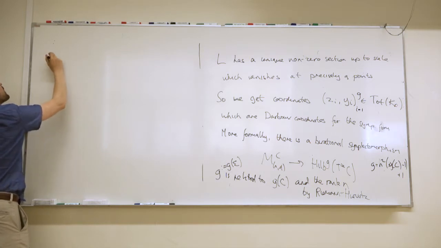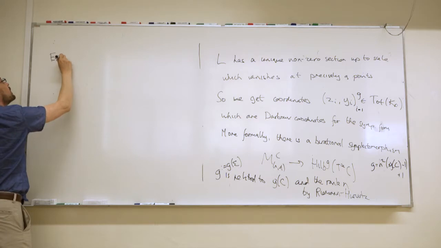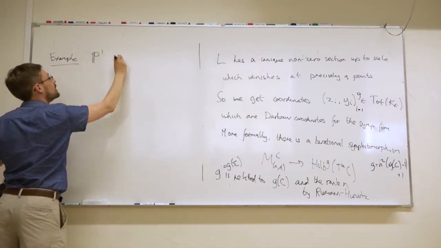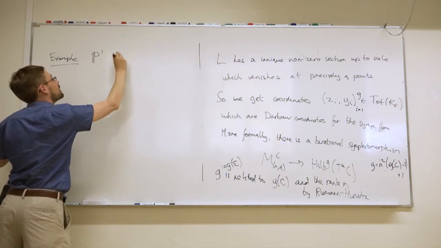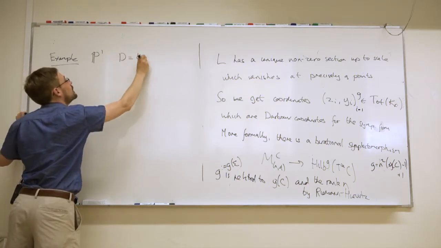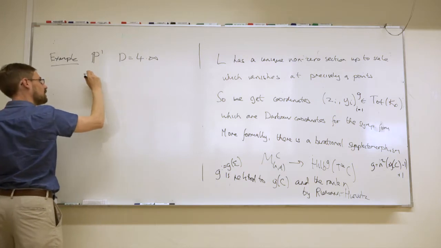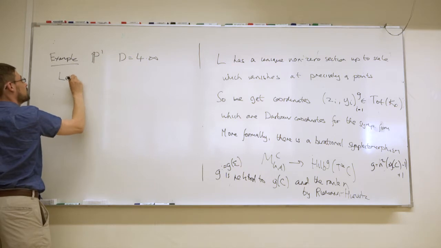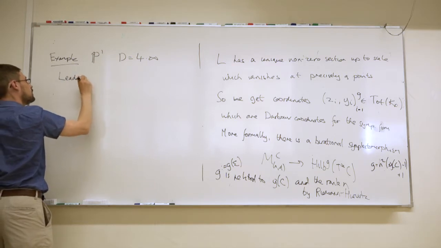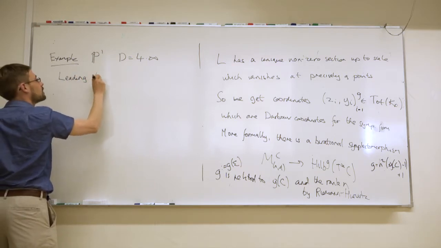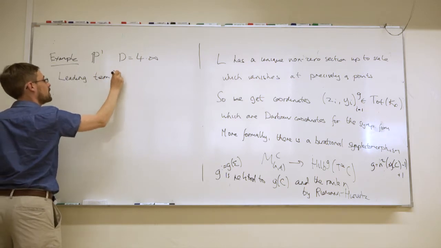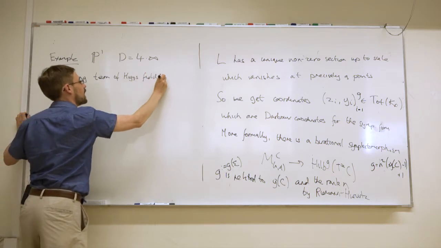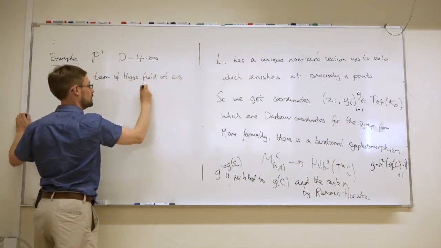So we had the example where we were looking at P1, the divisor D being 4 times infinity, and the leading term of the Higgs field at infinity being nilpotent.